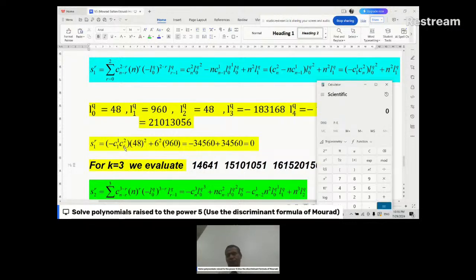negative 15 times 48 squared. Of course, negative 15 times 48 squared.